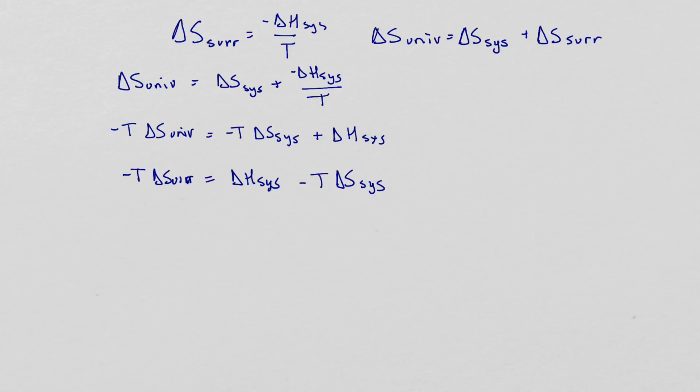So if we rewrite this equation and express the right-hand side as delta G, we can say that Gibbs free energy is equal to delta H minus T delta S of the system.